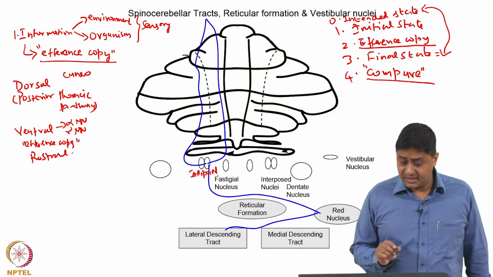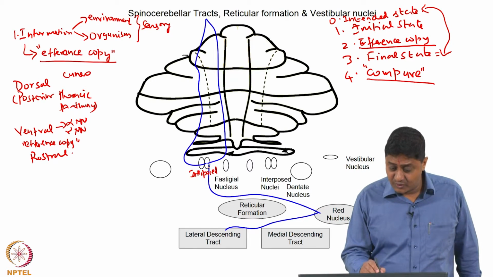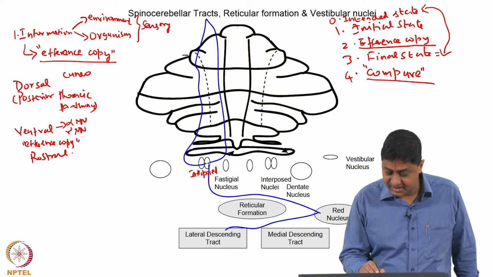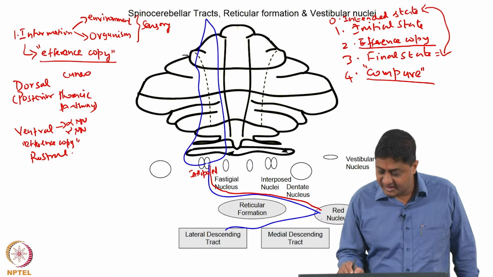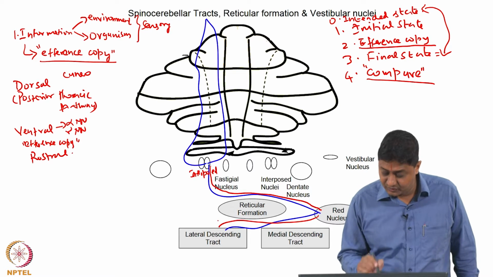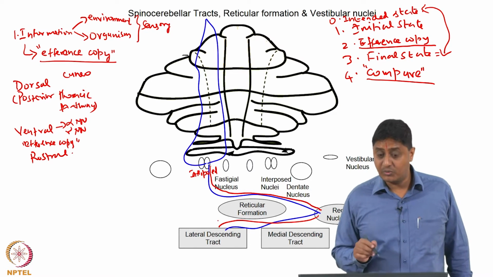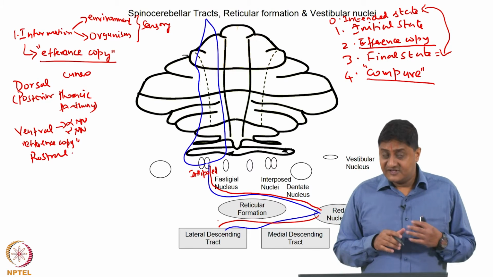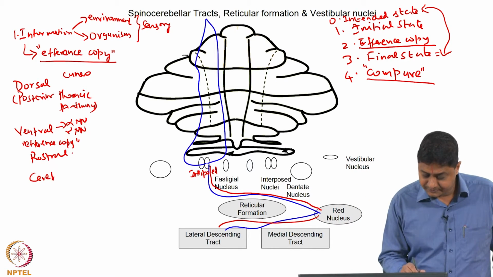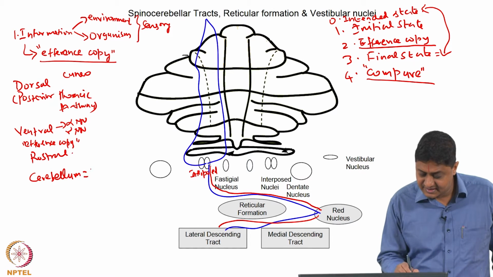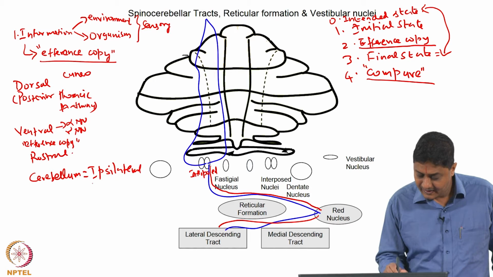From there they project to the red nucleus and to the lateral descending tract. Please note that there is crossover of some of these, via the superior peduncle. So there is crossover of these tracts from one side to the other, and from the red nucleus back to the descending tract there is one more crossover. We said early on that cerebellar control is ipsilateral, or the same side, right.